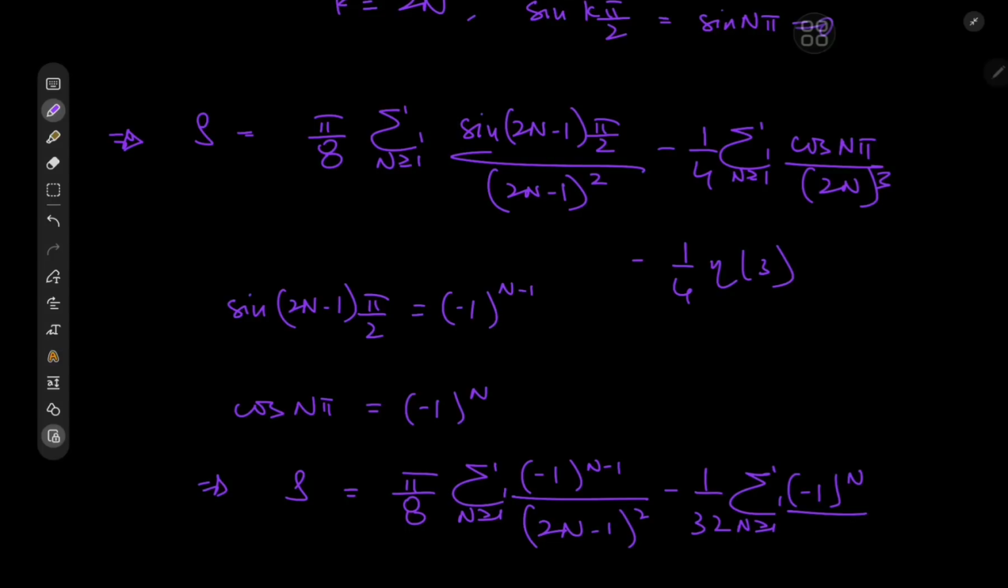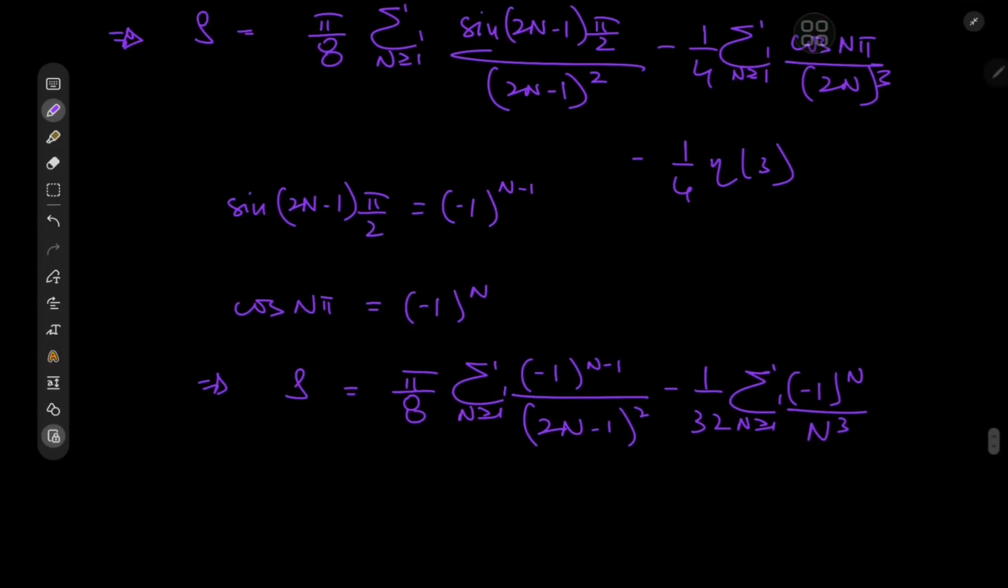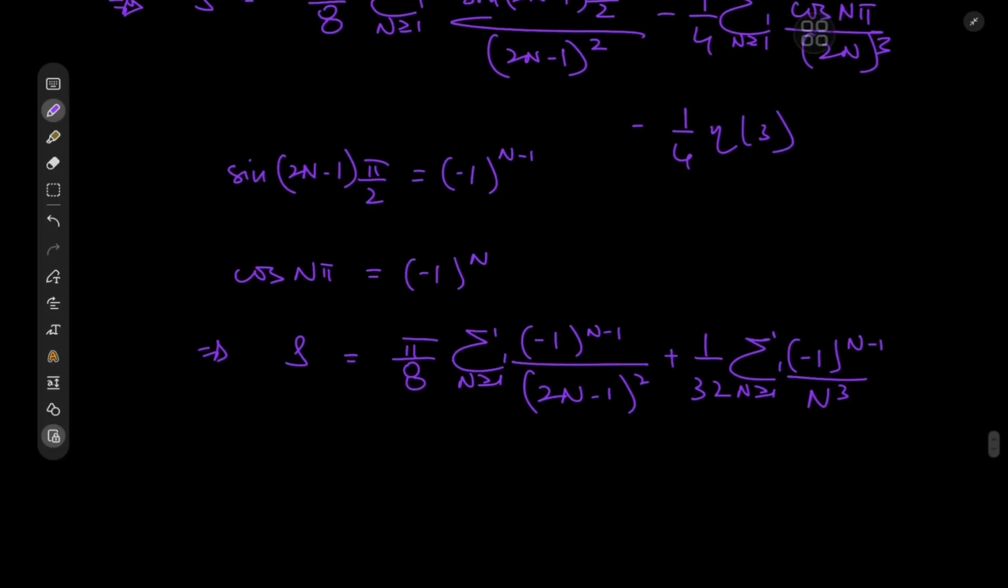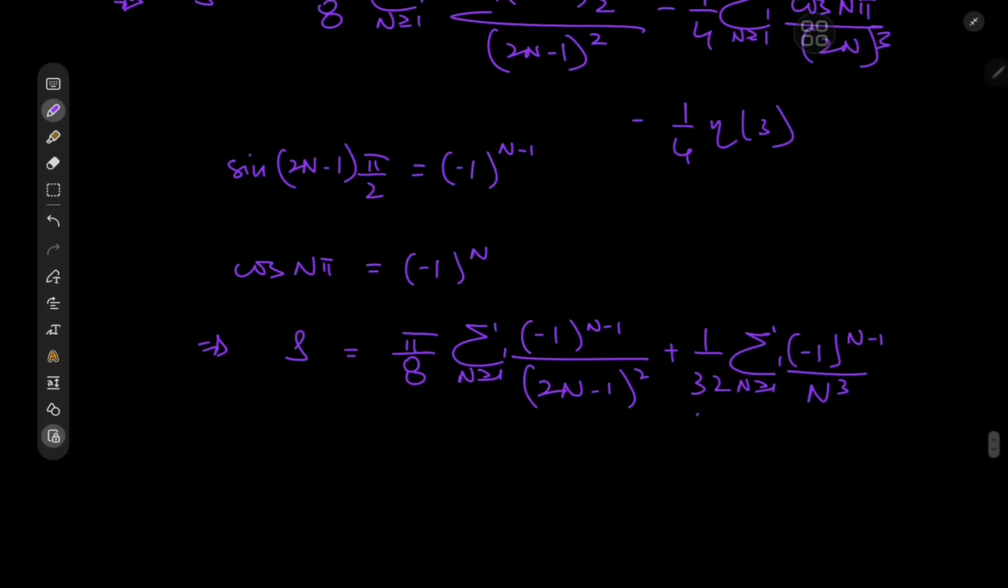So we have 32 here, n cubed there. And notice that if we pop back in this negative sign as an n plus 1, or equivalently an n minus 1 term for -1 to that power, then again we have the Dirichlet eta function. So this thing here is 1 by 32 times eta 3. And we already have a quarter of eta 3.